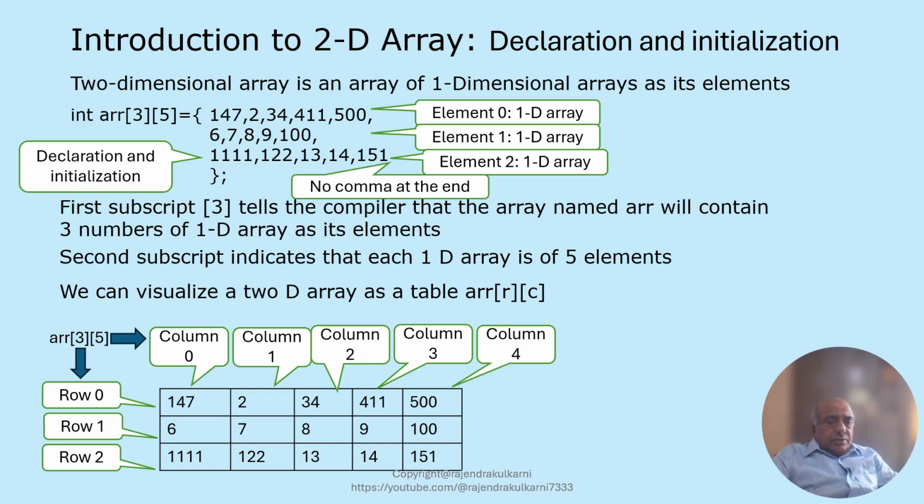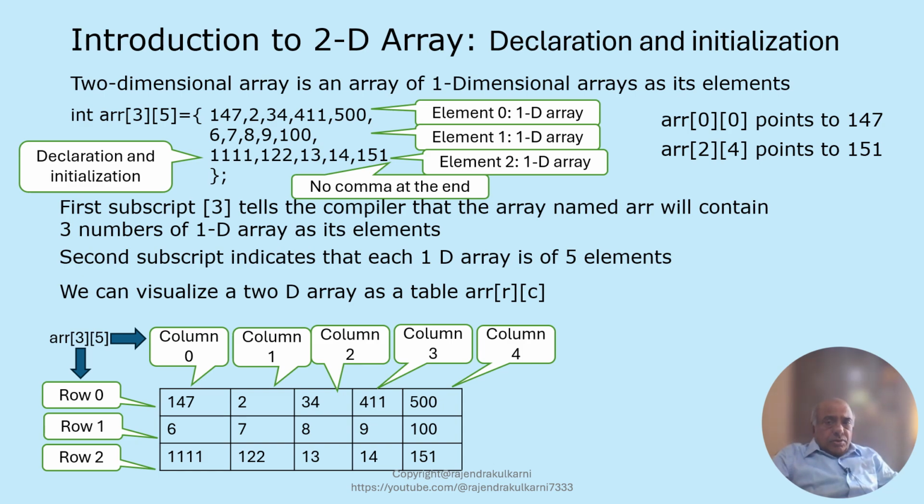It is just a visualization, where ARR 00 points to the 0th element of the array, which is row 0, and the second 0 is the 0th element of the 1D array, which is 147.